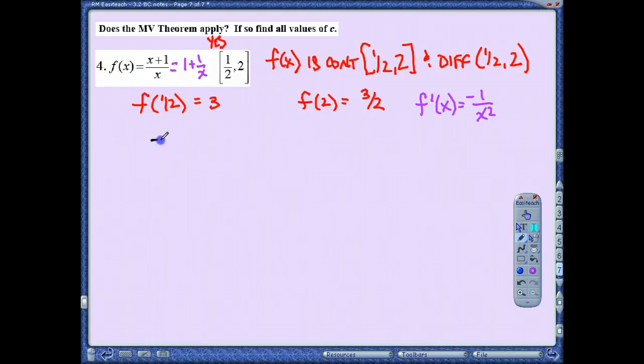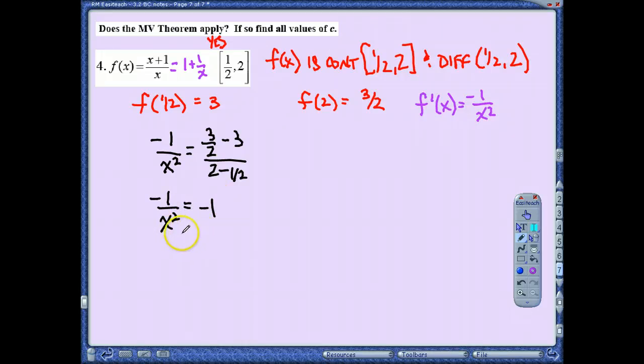Now I can put the pieces together. I know that my derivative is going to somewhere equal that slope. Okay, and that is a 1/2, sorry. So 3/2 minus 3 divided by 2 minus 1/2. Well, that turns out to be negative 1 over x squared equals negative 1.